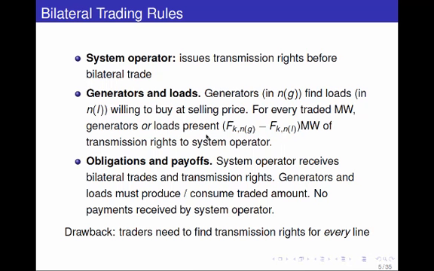How much would you pay for rights? Well, when you're using up rights in the positive direction of a line, if the line is congested in that direction and the price is positive, you're going to pay this much.